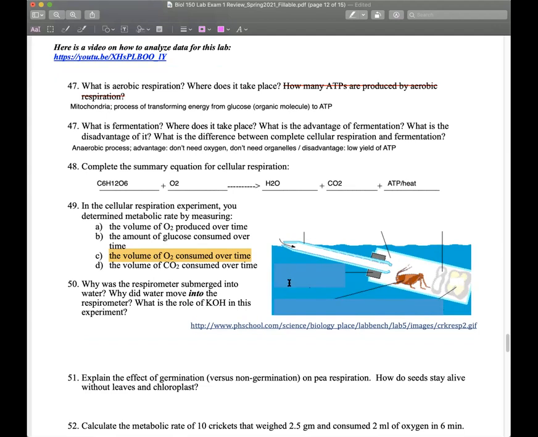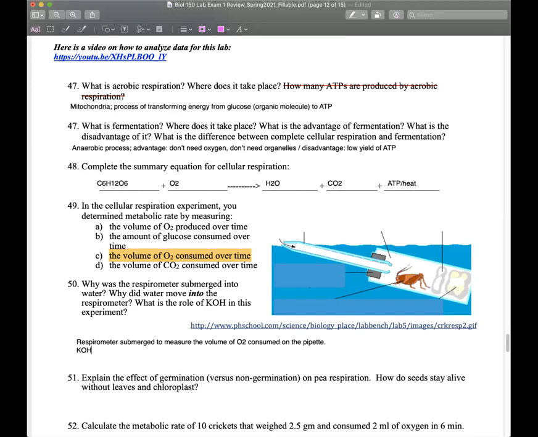When we first placed it underwater, we had some gas pressure here and in this pipette, which kind of held the water out. But as he's using oxygen, as he's doing cell respiration, that water starts to creep in. And as that water creeps in, that's what we actually measure using the little lines marked on the pipette. So the respirometer was submerged to measure the volume of oxygen consumed on the pipette.